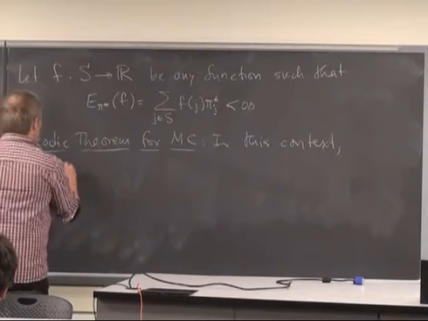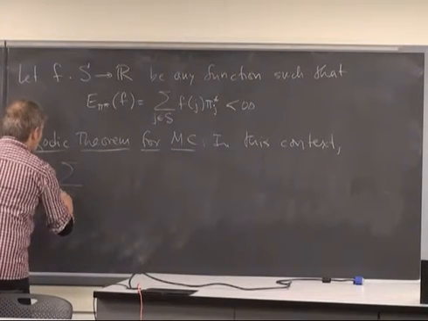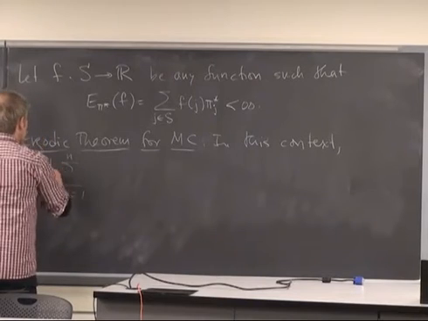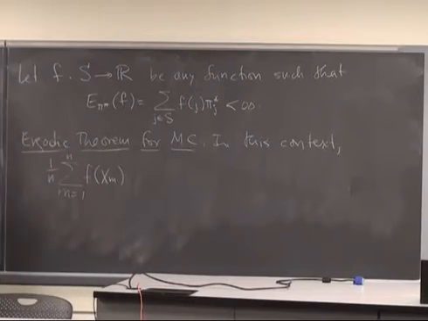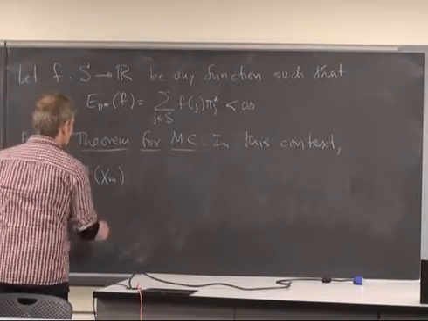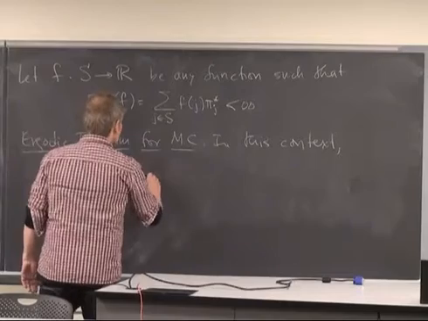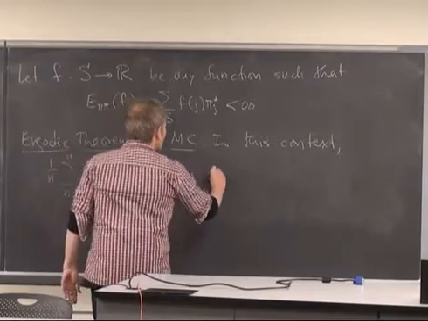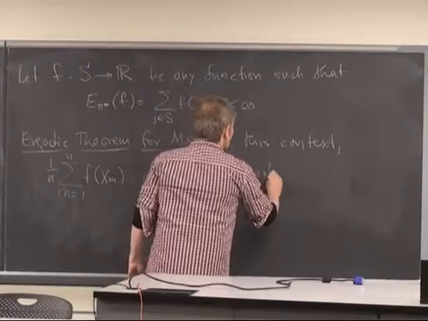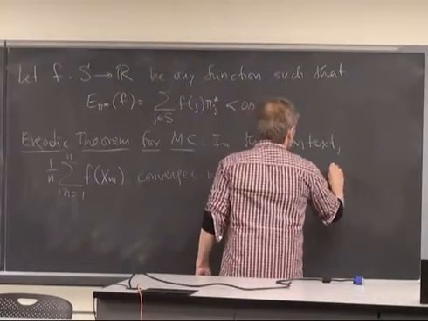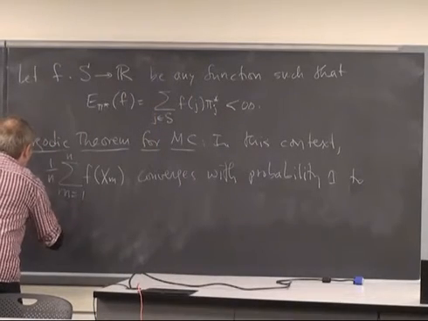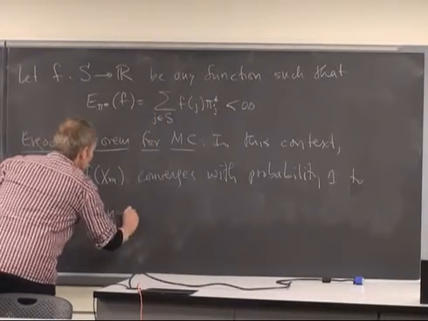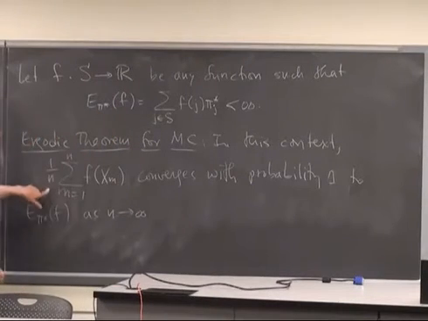If I take the sum from m equals 1 to n of f of X_m, divided by n, where X_m is the state of the Markov chain at time m, this converges with probability 1 to E_pi star of f as n goes to infinity, regardless of what initial distribution you started with.